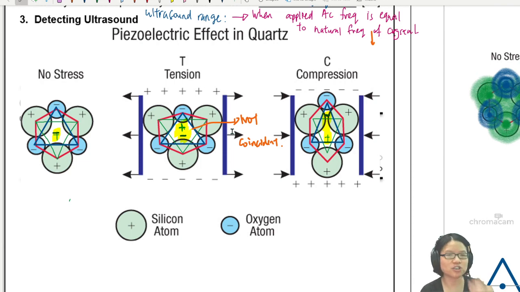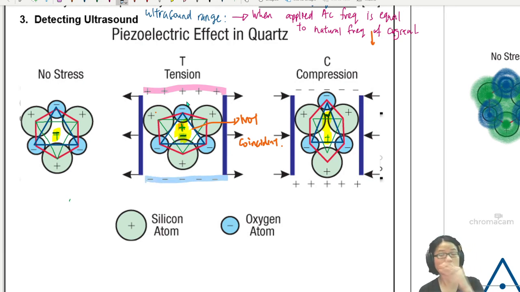if I apply tension to the crystal, you can see that the positive charges are mainly on top here. This part here is positively charged because the center of positive charge is up here. Okay, so just now positive was red, right? So this is a positive charge. The center of positive charge is here. And down here is negative charge because the center of negative charge is down here.